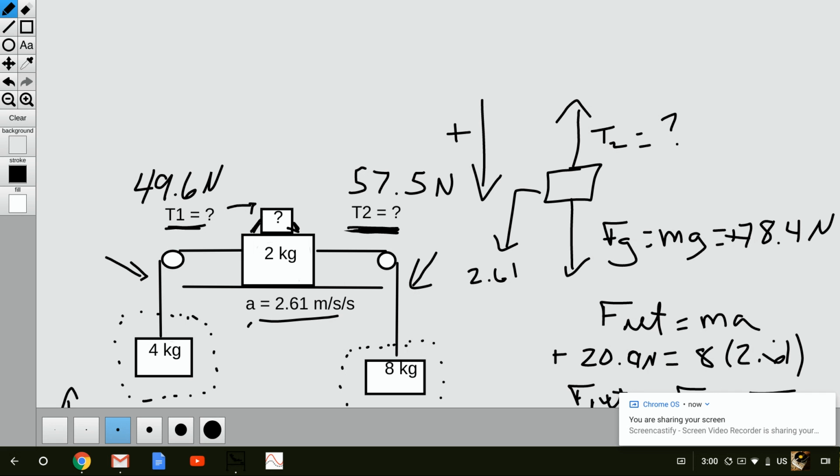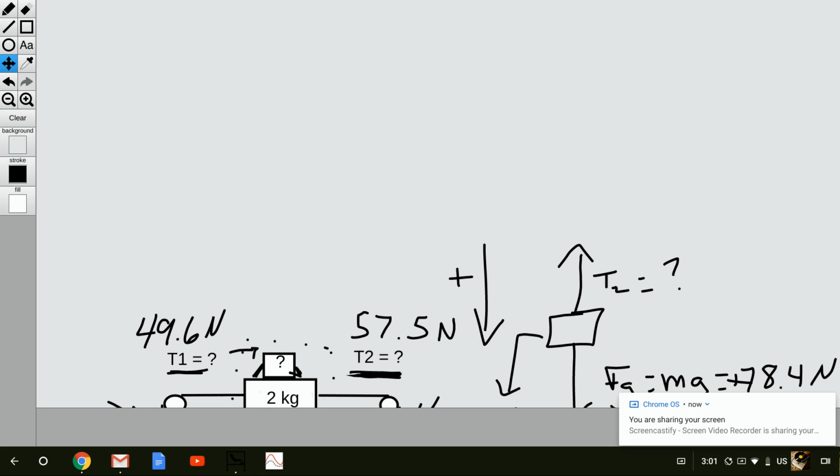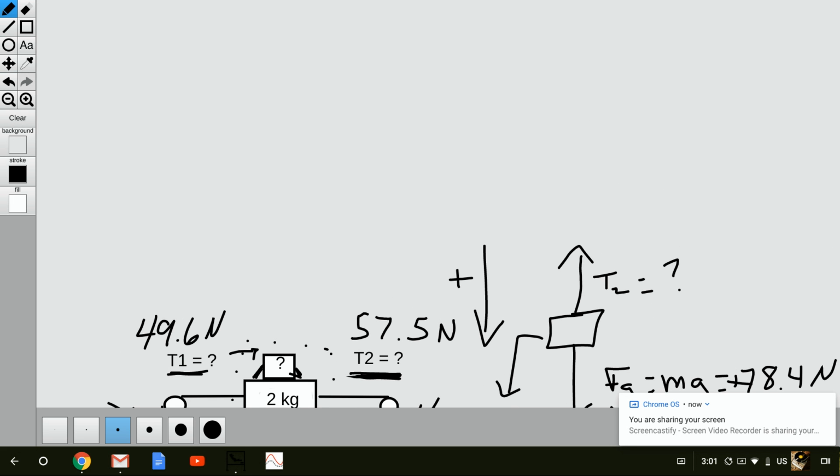Now, if we want to figure out this last one, because it's attached, we can treat the two masses as just one big mass that we don't know. Whatever we find at the end, we'll just subtract 2. So I'm going to isolate around the whole thing. What I end up with is some unknown mass being pulled this way.